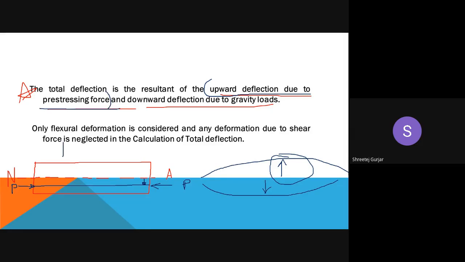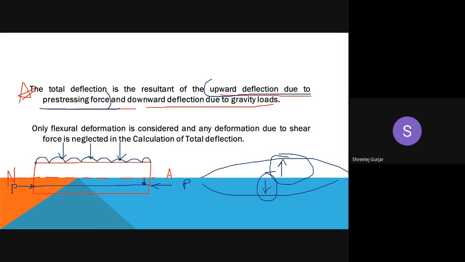Now when we have loading occurring on your beam, either it is dead load or it may be live load. It may be UDL or it may be a point load, a single point load or multiple point loads. Whichever load it is, it will always act in the downward direction, so it will cause downward deflection in your beam, right?